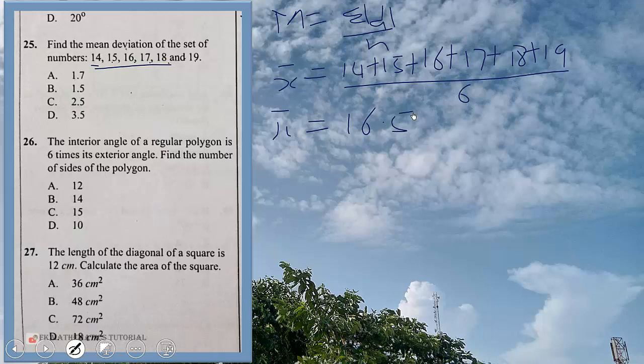So for the mean deviation, we are supposed to find the deviations of all the numbers. We subtract the mean from all these numbers.